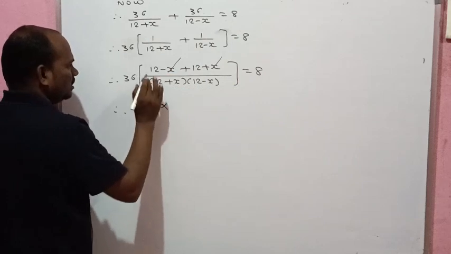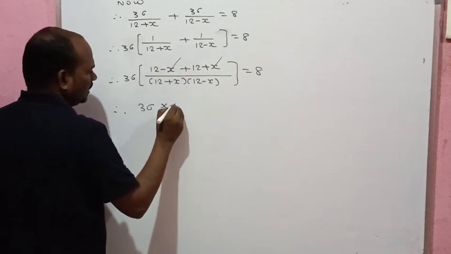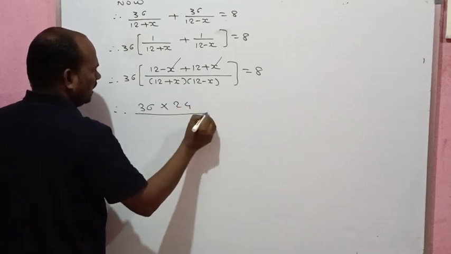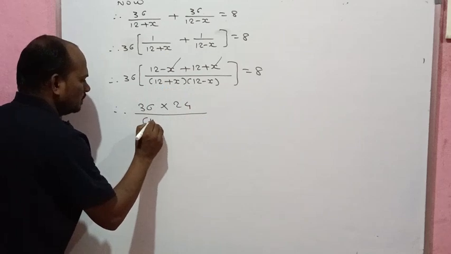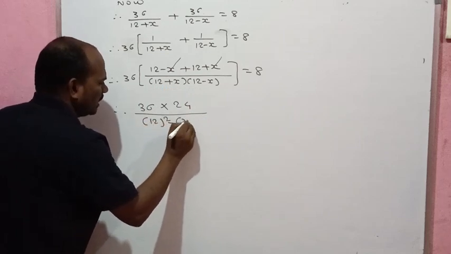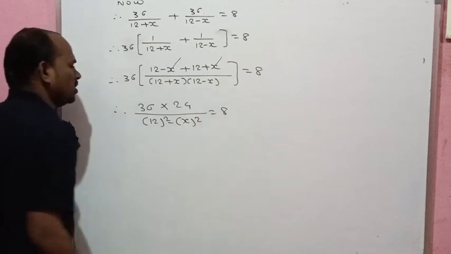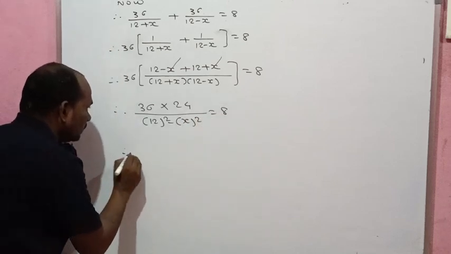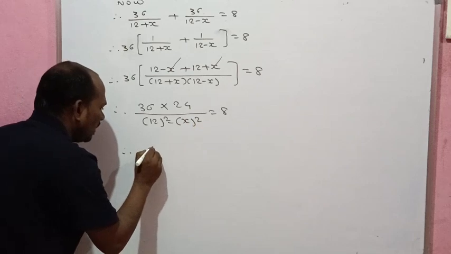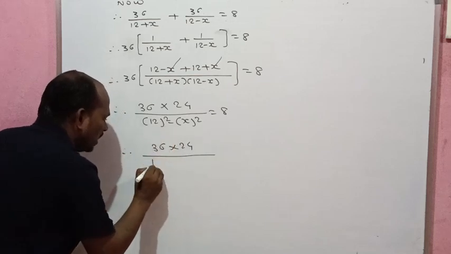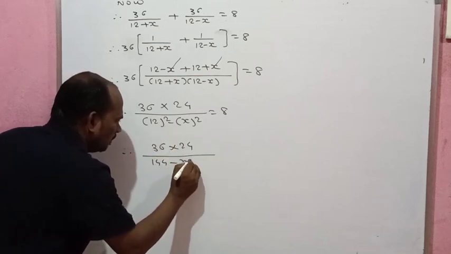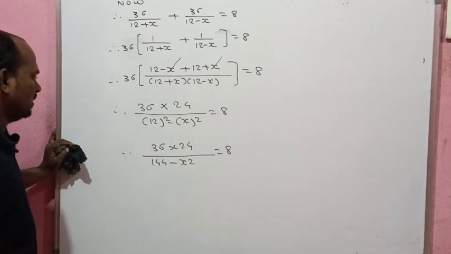Now 36 times 12 plus 12, that is 24, divided by the bracket a plus b times a minus b, 12 square minus x square, is equal to 8.